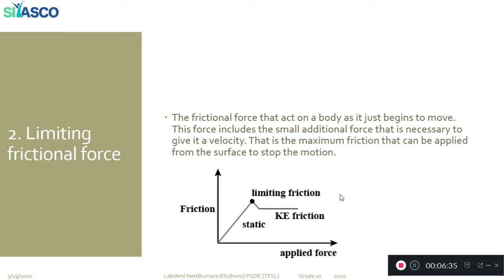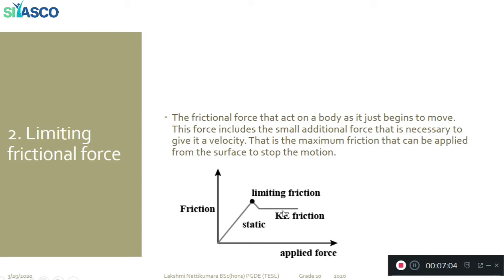It is depicted here. You can see this. When we increase the applied force, the friction also increases to a certain point. When it reaches this maximum point, thereafter the surface cannot increase its friction further. So if we apply a very small amount of additional force, the object starts to move.